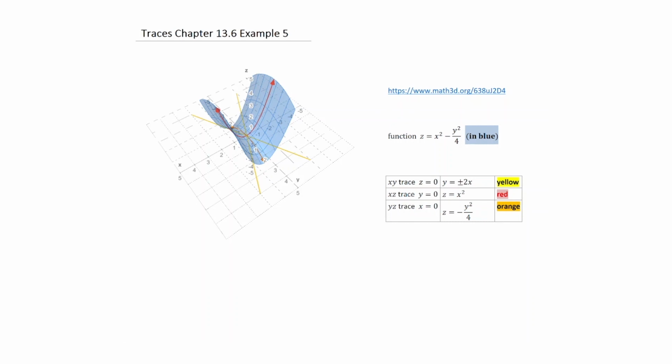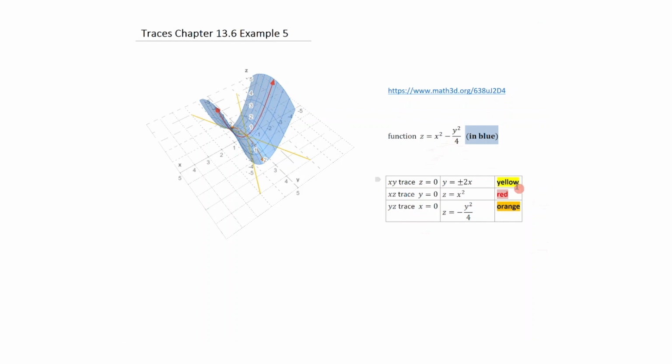All right, let's look at this one. We have an xy trace with z equals 0, an xz trace with y equals 0, and a yz trace with x equal to 0. If we set z equal to 0 here, you've got x squared in terms of y squared, or y squared in terms of x squared, which means you take the square root, so you can have 2 possible values, plus or minus 2x in this case.